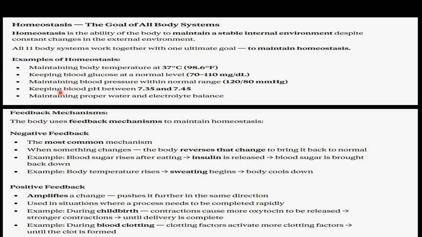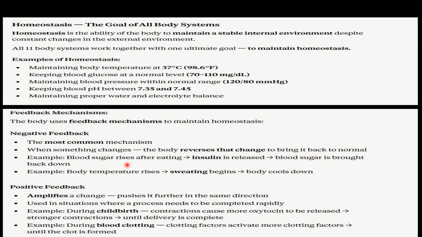The next thing is feedback mechanism. For a good system, feedback mechanism is very important. So the body uses a feedback mechanism to maintain homeostasis. There are two types of feedback: negative feedback and positive feedback. Negative feedback is the most common mechanism: when something changes, the body reverses that change to bring it back to normal.